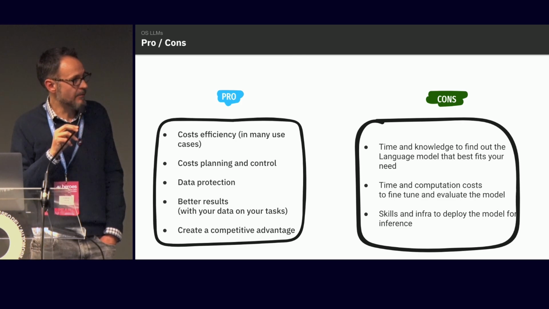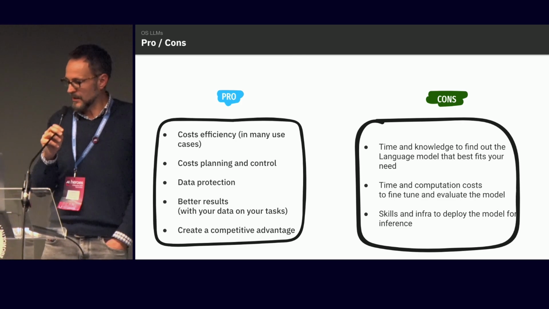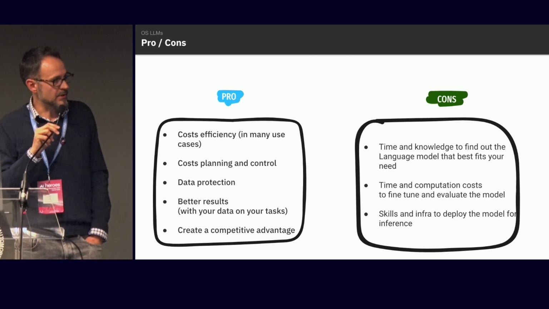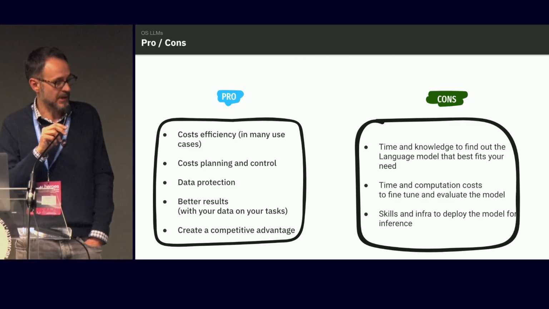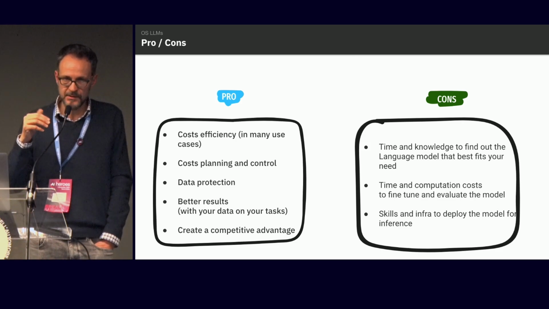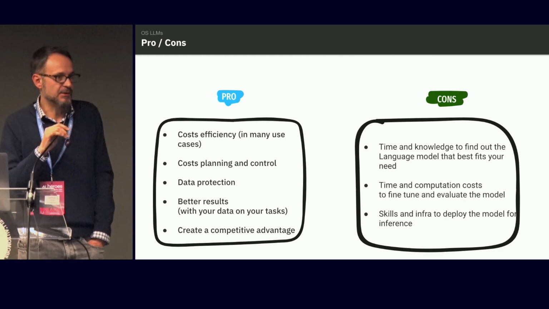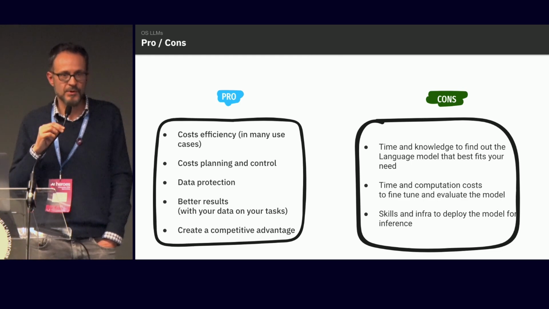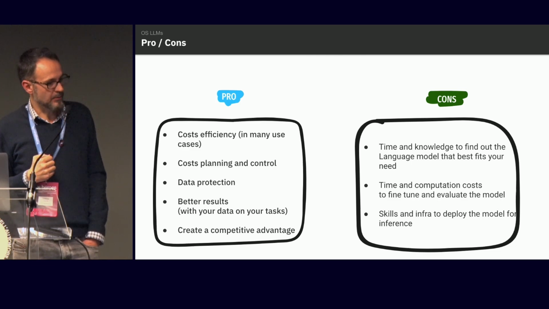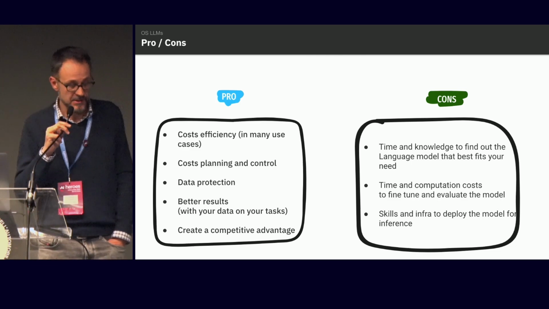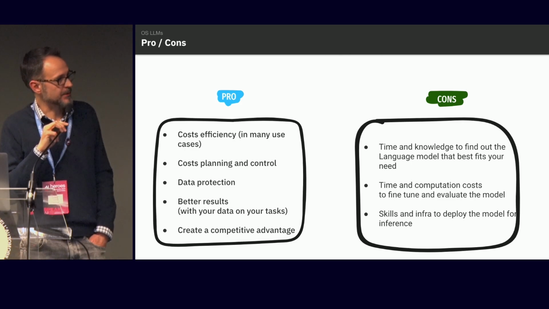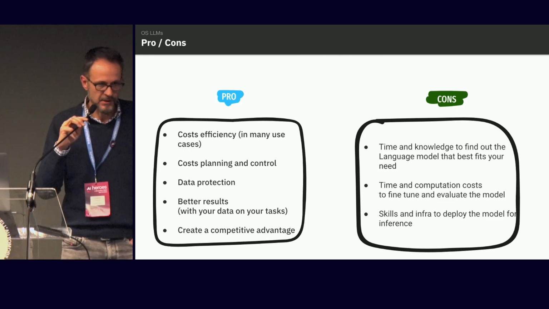Then we can also have better results in some tasks because we can fine-tune the model with our data and for our task. And then we can create a competitive advantage in the market because our model is unique with respect to the others. So we have an advantage and we have some proprietary technology that we use to provide our services. These are very important aspects to consider when choosing the right model.